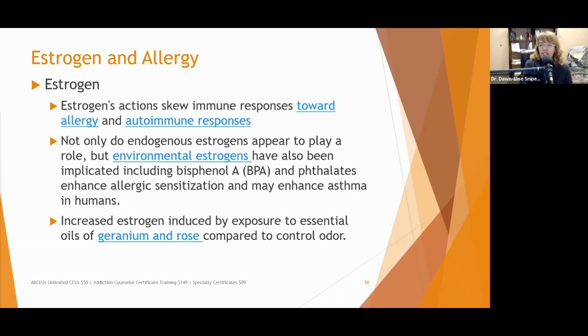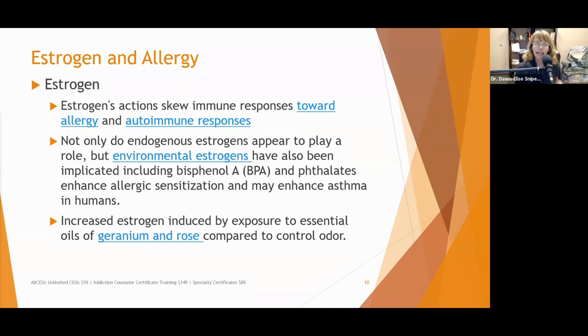Not only do endogenous estrogens appear to play a role, but environmental estrogens have also been implicated, including BPA and phthalates, and both of those enhance allergic sensitization and may enhance asthma in humans. There's been a lot of research showing that there are definitely some chemicals we're exposed to on a daily basis that are endocrine disruptors, and we'll talk about that at the end of the presentation.